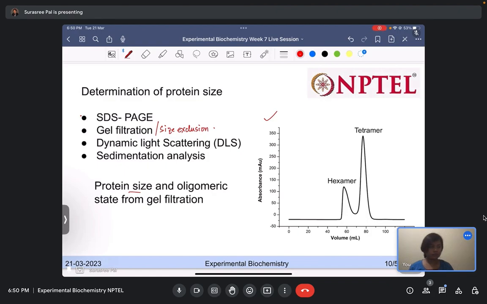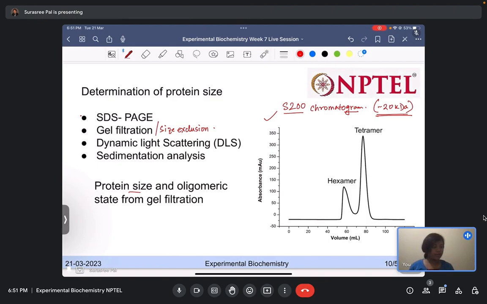This is a chromatogram of our protein of interest, which is approximately 20 kilodalton in weight. So our protein weight is 20 kilodalton, and we have run this protein in an S200 size exclusion column.